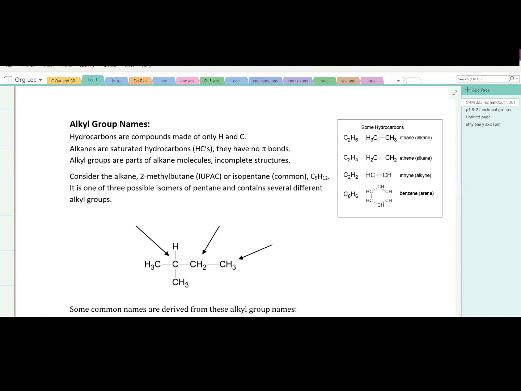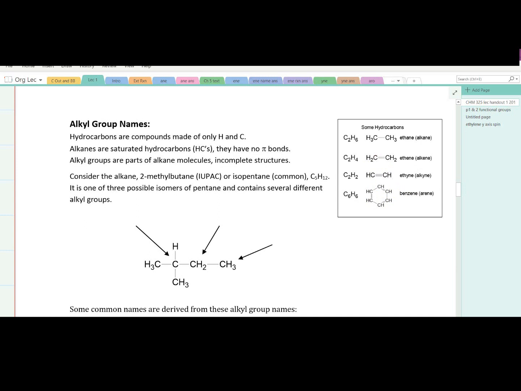We need to digress for a moment to introduce you to some alkyl group names. We will restrict ourselves to hydrocarbons in this first lesson, and hydrocarbons are compounds made of only hydrogen and carbon. So alkanes are saturated hydrocarbons, that is, they have no pi bonds, as opposed to alkenes, alkynes, and aromatics or arenes, which have one or more pi bonds in them.